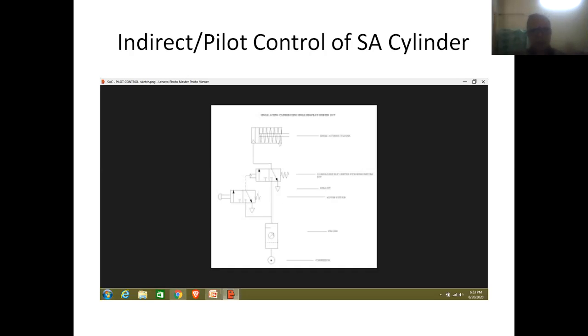So friends, this is the general arrangement of the circuit. In the first phase of operation, the pilot valve will be coming to first position, and it will be sending fluid into the DC valve.